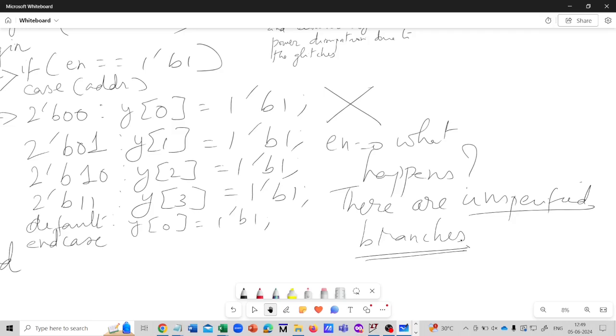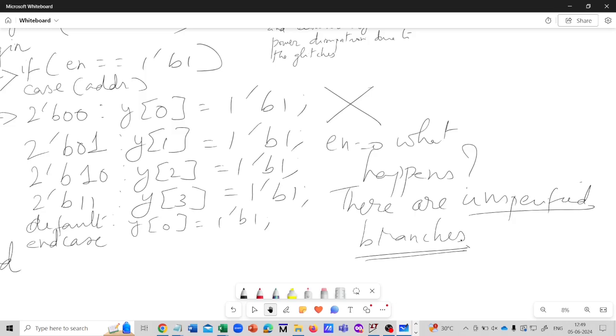That is, we are talking about a scenario where several branches of the if statements are left unspecified. Syntactically, there is nothing wrong with this block of code. It will definitely pass the syntax test of a compiler. It will compile perfectly. The trouble is with the synthesis.